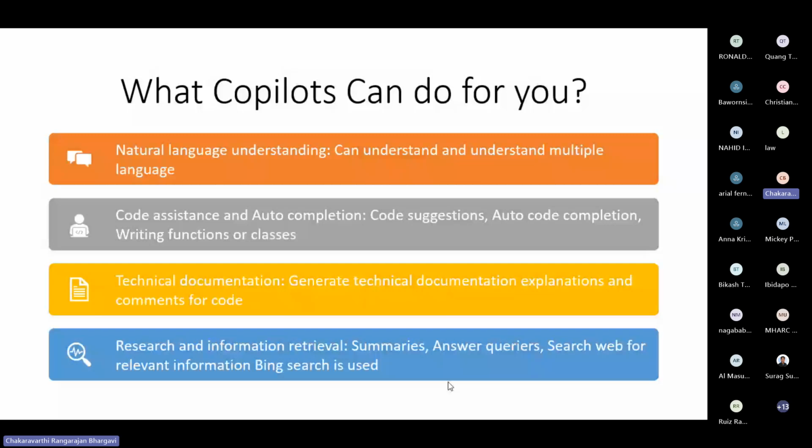As an example, it has a code assistant and auto completion, like code suggestions, auto code completion, or writing functions or classes that it needs, which can be done with the help of the Microsoft Copilot.